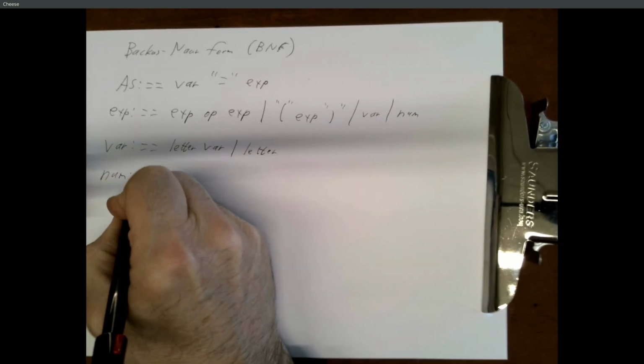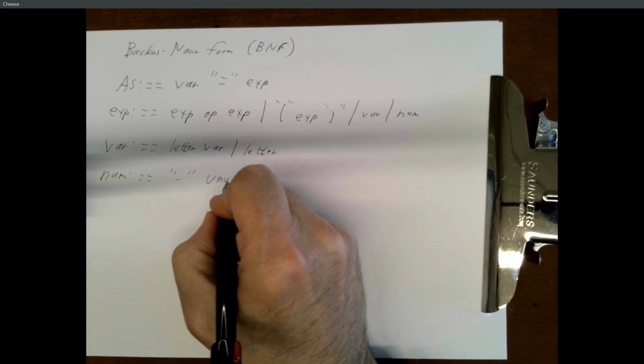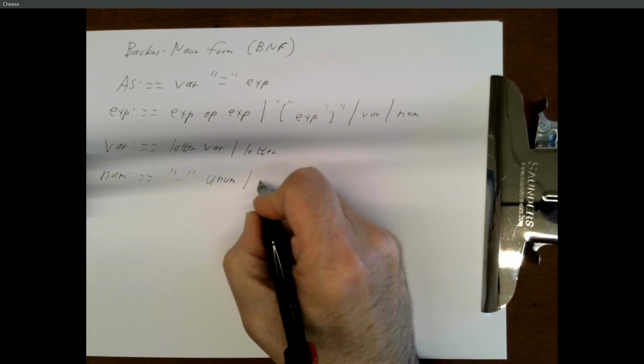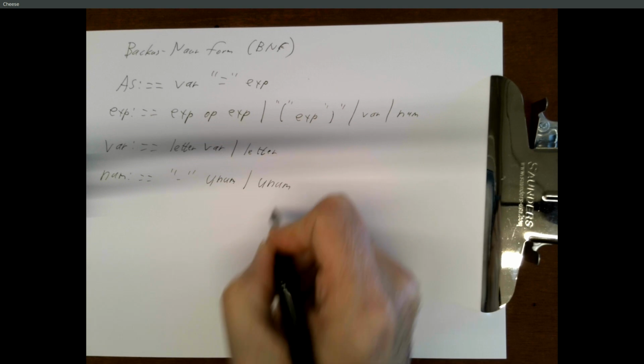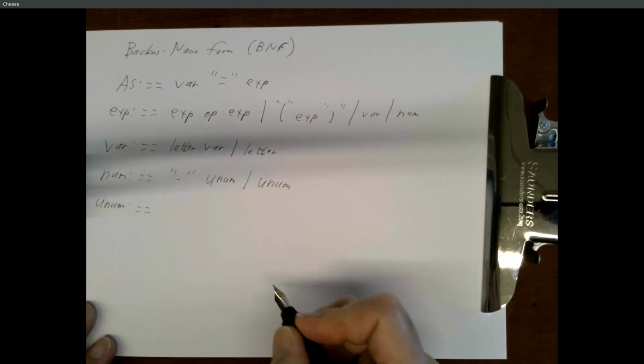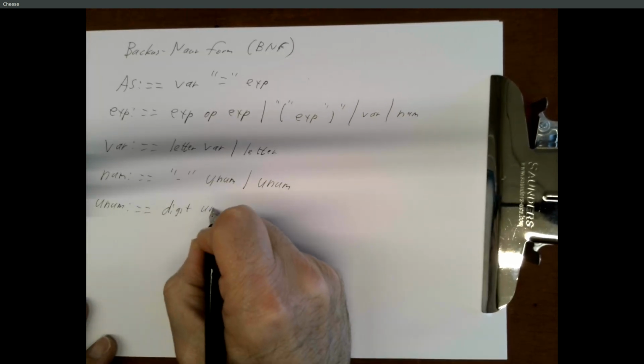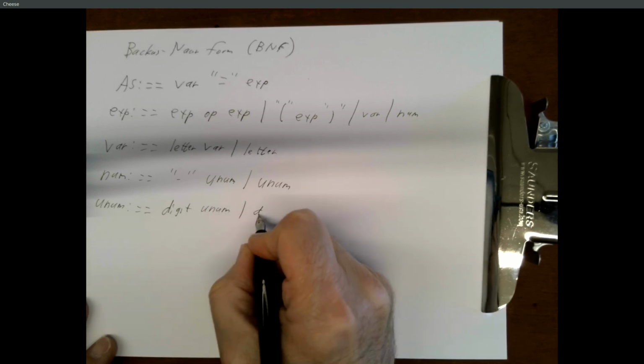A number is a minus sign followed by an unsigned number or just an unsigned number. An unsigned number is a digit followed by an unsigned number or just a digit.